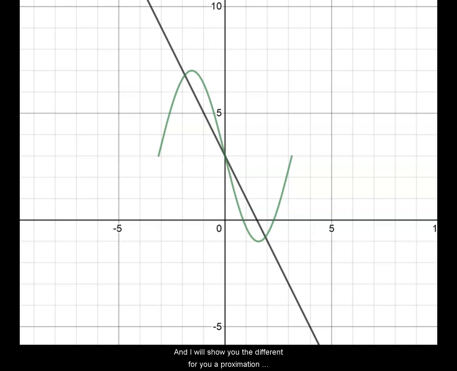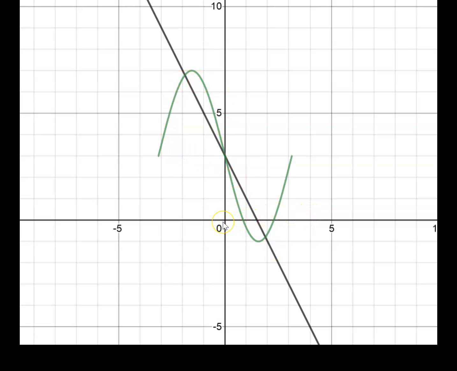And I will show you the different Fourier approximations. Okay, so this is the F1 approximation. Our F1 would have had just the a naught constant, and then our b1 constant, which was -4, because remember there's no other a sub k's. So F1 would be 3 minus 4 sine of x, and that's literally what this graph is, right?